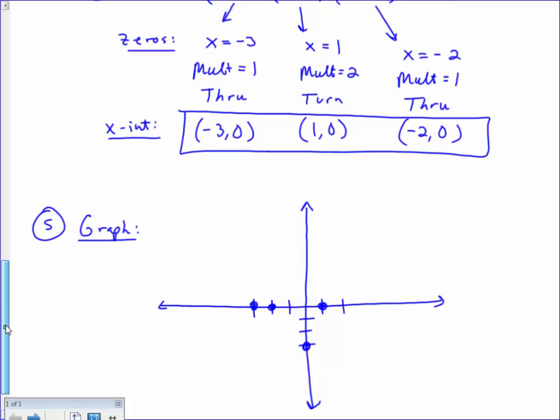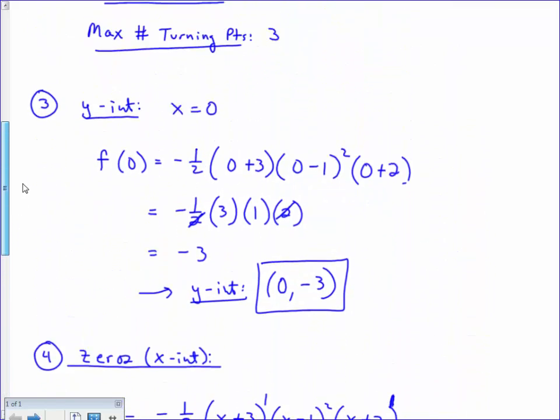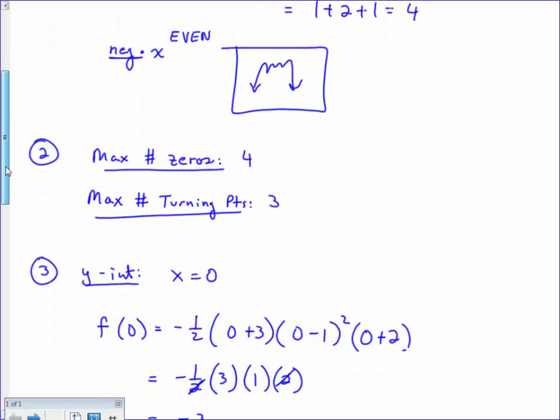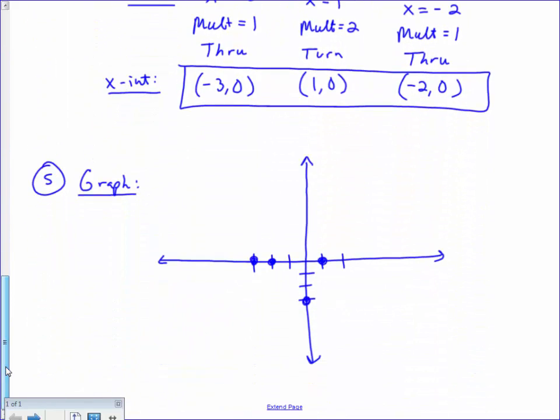Now look back at the end behavior. Based on what we knew about the degree and then the sign of what would be in front of the leading term, we determined that the ends both pointed down. So that being the case, I'd have to have my graph starting here, coming up, and then on this side, the similar idea, but going down. And then look what we know about the zeros.